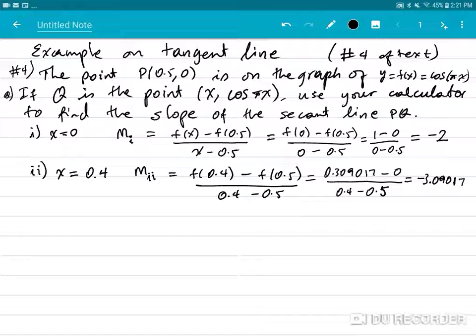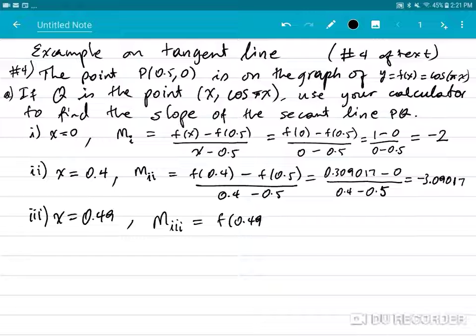Okay, and next is x equals 0.49. So let's call it M2. This is f of 0.49.